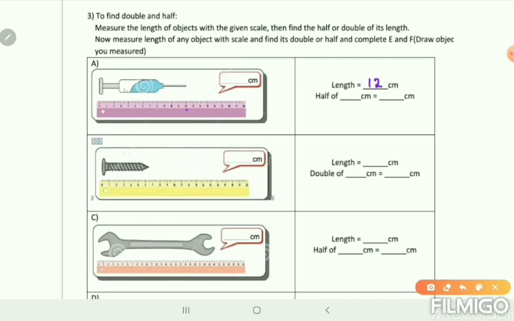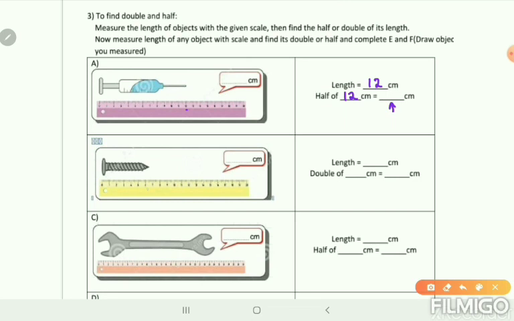Here you will write 12, and then it is asked to find half of this length which you found right now. You already know how to find half. To find half, you have to divide by 2. So you are going to divide this by 2 and you get your answer out here. Similarly, you see here what is the length.